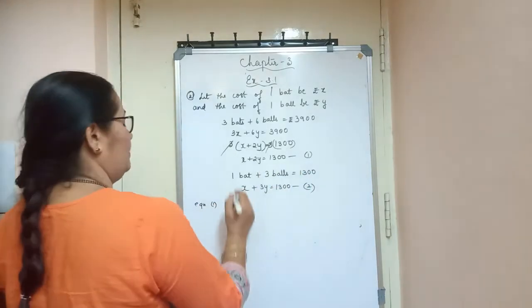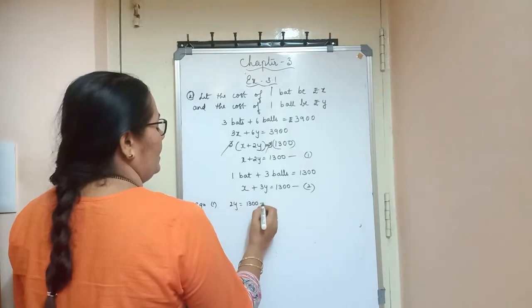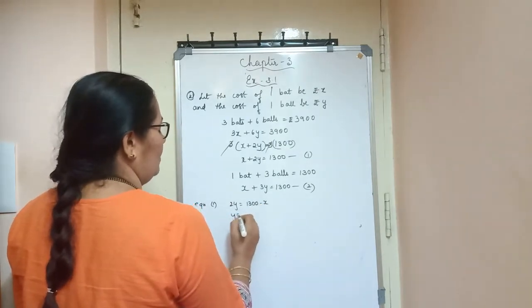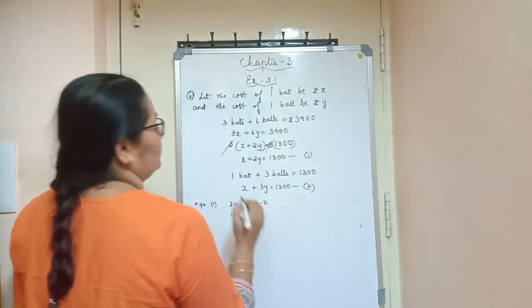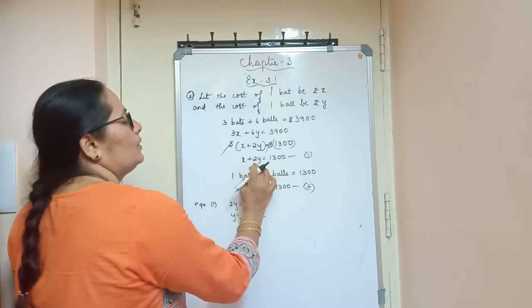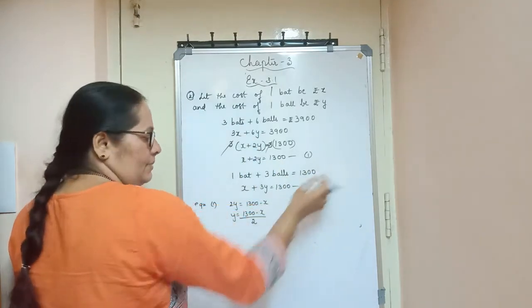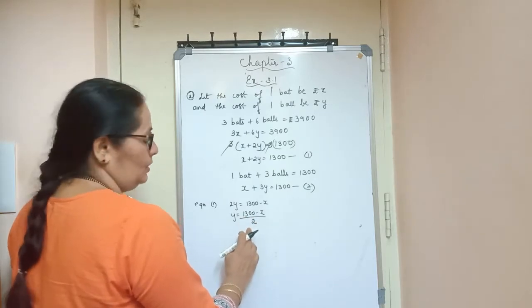Now, first equation. So equation 1. In this equation 1, x plus 2y equals 1,300, so 2y equals 1,300 minus x. So y equals (1,300 minus x) by 2.